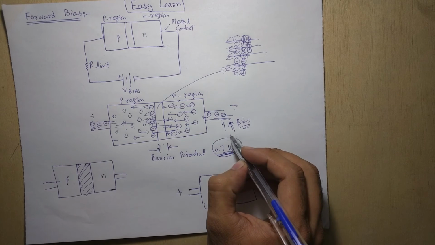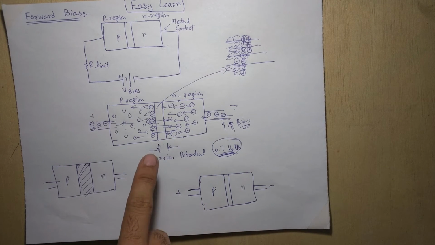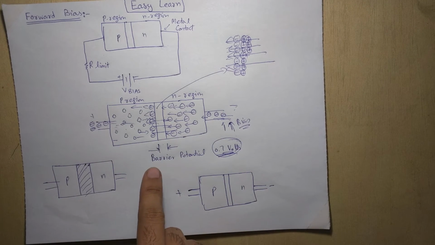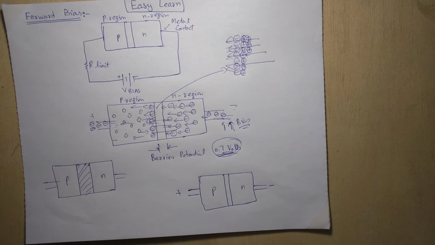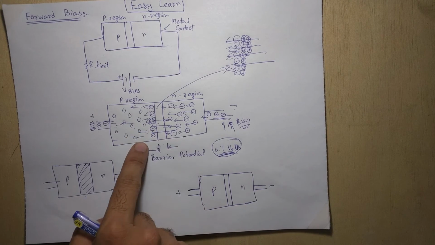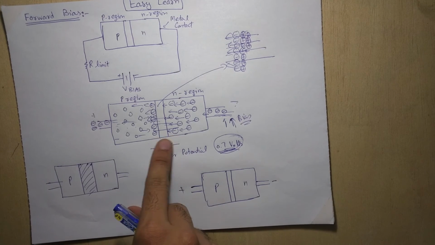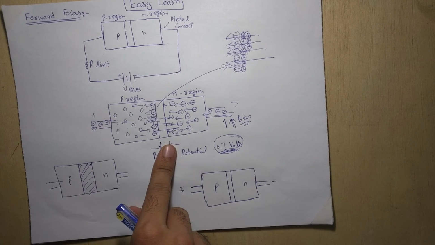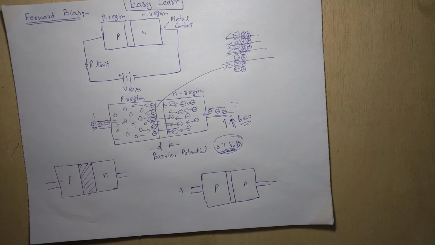The biasing voltage must equal the barrier potential of 0.7 volts, as I indicated. When an electron moves out of the depletion region, it loses the energy of 0.7 volts.